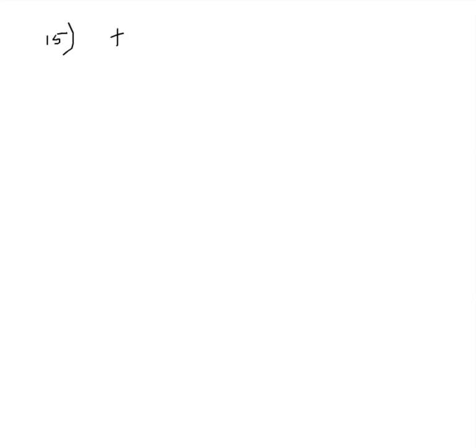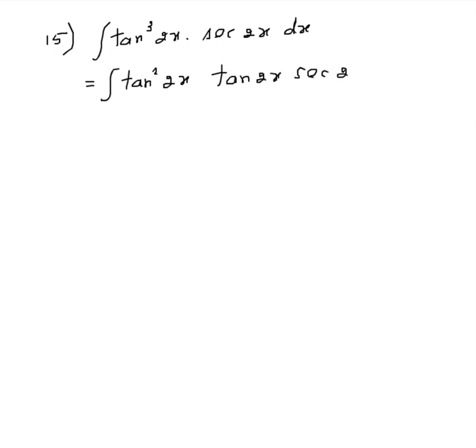Question number 15. Integral of tan cube 2x into secant 2x dx. Let us split this power 3 as tan square 2x into tan 2x, and we have into secant 2x dx.